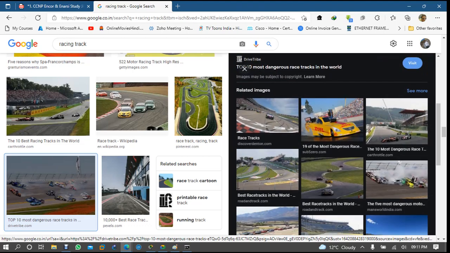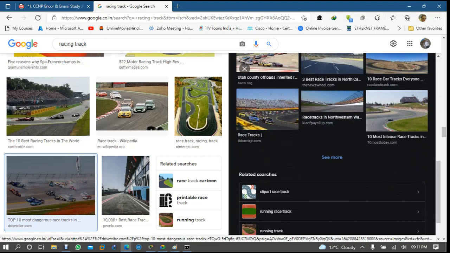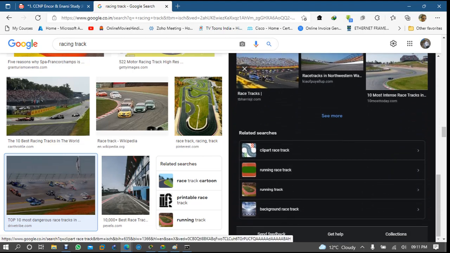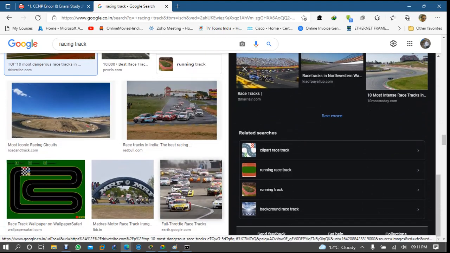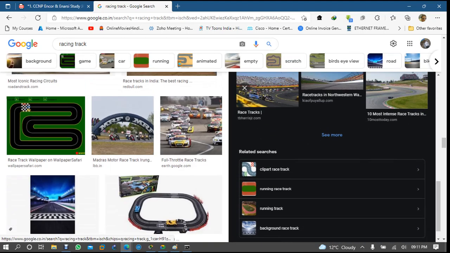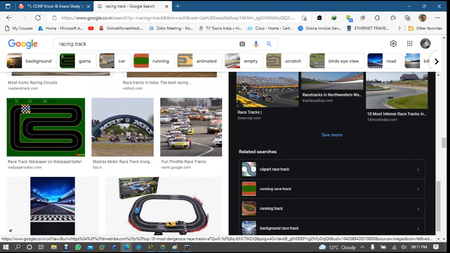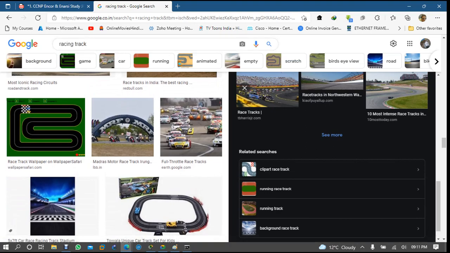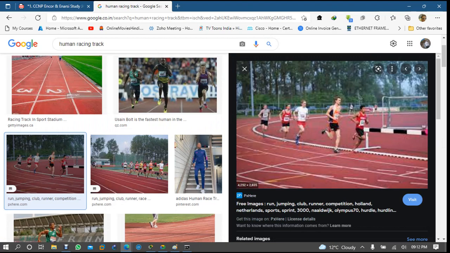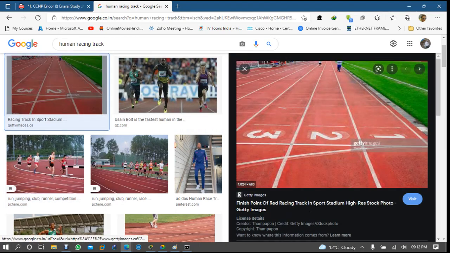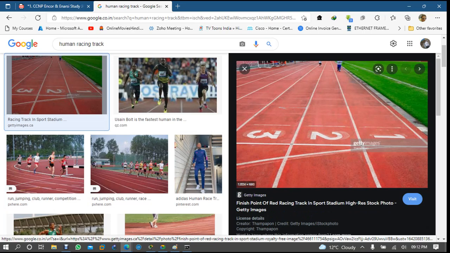When people run, we use marathon or something like that. Let me find the correct one. Okay, let me show you. You can see here, when we are talking about a human racing track, track number 1, track number 2, track 3, 4, 5, you will find tracks like this, right?